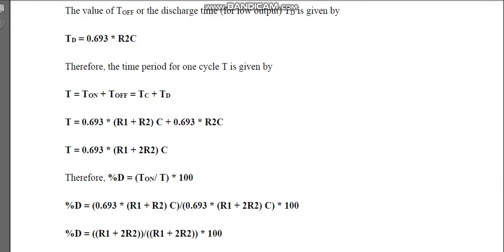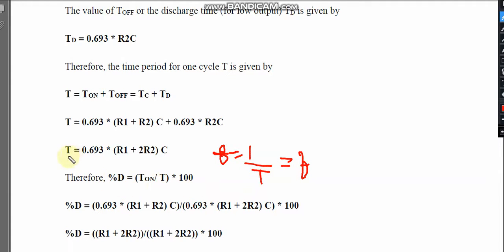And next, that is your time period. From that you can write down the F also. So you know what is F. F is equal to 1 by T. You can calculate through this. You have three unknowns.